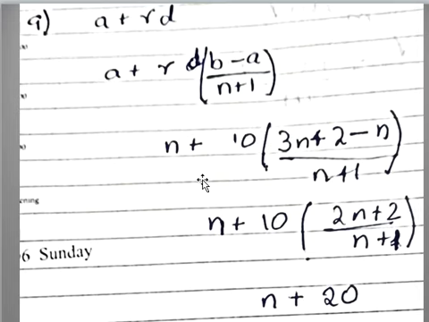So n plus 10 into (3n plus 2 minus n) divided by (n plus 1), and if I simplify that, n plus 10 into (2n plus 2) divided by (n plus 1). If I take n plus 1 common from the numerator, I will get 2 into (n plus 1), and the n plus 1 will cancel, so I'm left with n plus 10 into 2, which is n plus 20. So that was the easiest question, I think.